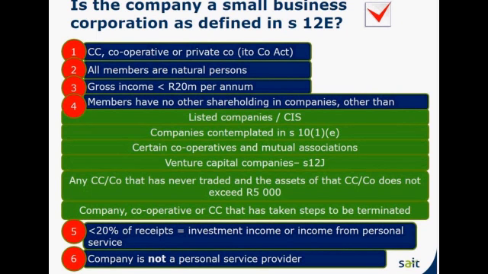Now, these ones specifically, because it's highly likely that a small business is going to be investing its money in a listed company or collective investment scheme. Then companies contemplated in Section 10(1)(e), and Section 10(1)(e) specifically refers you to the body corporate, the share block, the instant cooperatives and mutual associations, venture capital companies, then any company that has never traded and where the assets of that company don't exceed 5,000 rand.